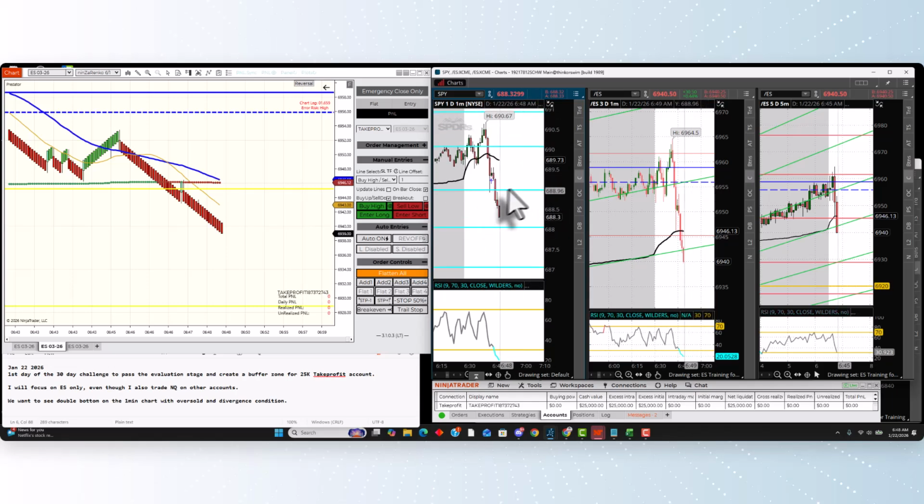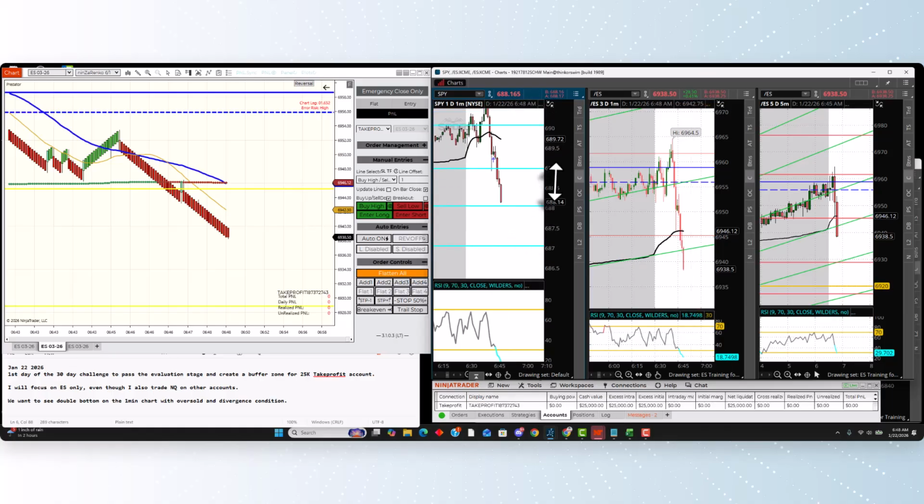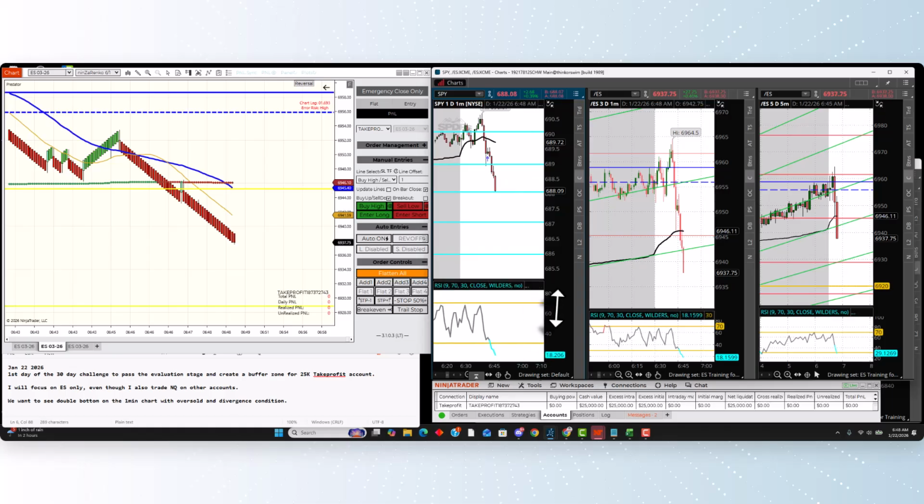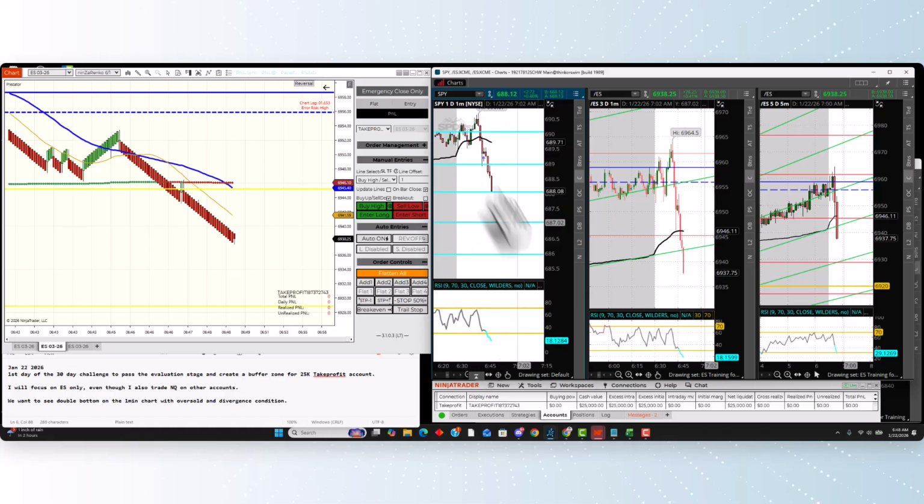So SPY broke the 689 level, now it's trying to touch 688, and pretty oversold, but it's still too early.